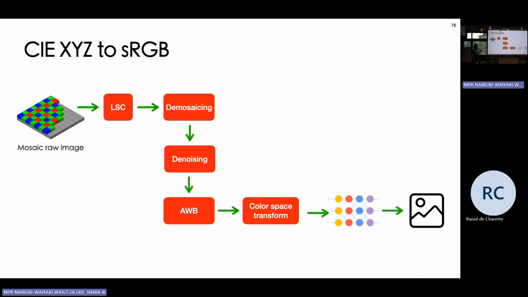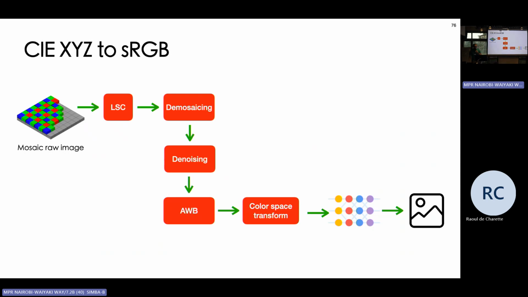So the last part is, instead of focusing on each block and replacing it with a neural network, let's do a hybrid method. Let's keep whatever conventional parts as they are, and introduce a neural network to do the photo finishing after going to one of the standard color spaces.